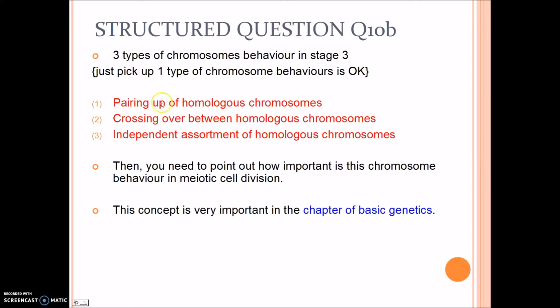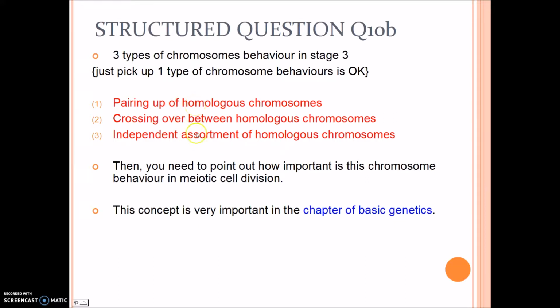In your answer, you just pick one of the chromosome behaviors and explain it. For example, pairing up of homologous chromosomes, crossing over between homologous chromosomes, independent assortment of homologous chromosomes. You can pick either one of them, one out of 3.